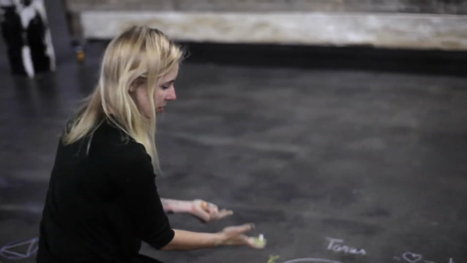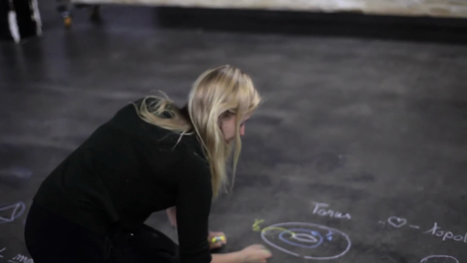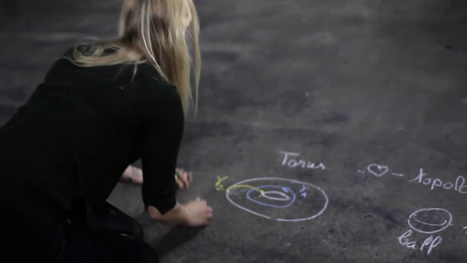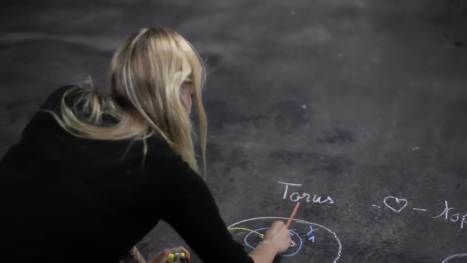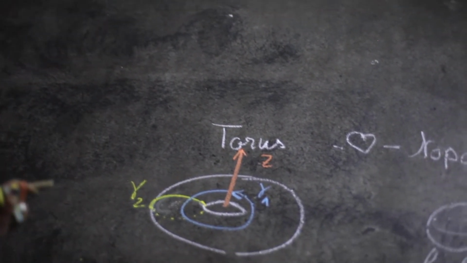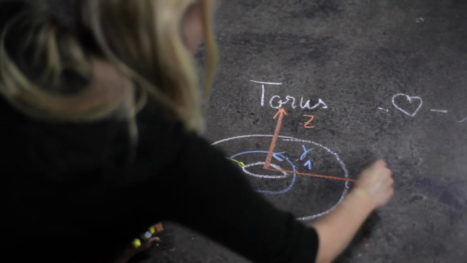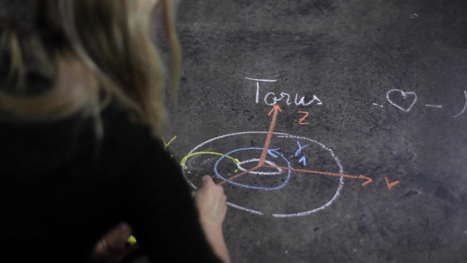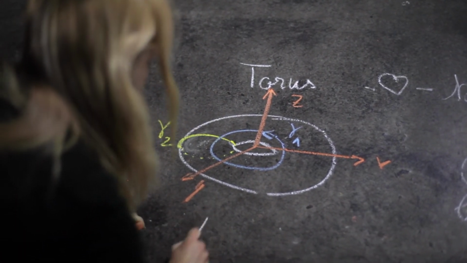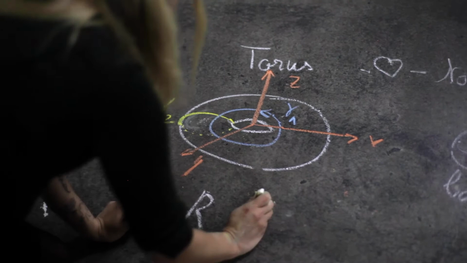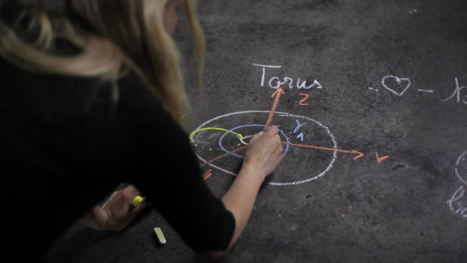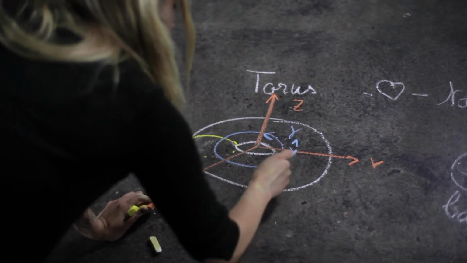As a three-dimensional volume, there is an equation in three-dimensional coordinates. Imagine your donut is on the ground, you have the z-axis going up to the sky, then an x-axis, and then a y-axis. Then you have a big radius, which is from the center to the middle here.